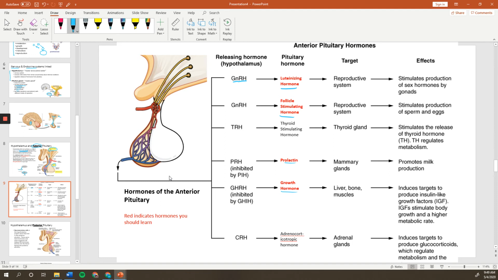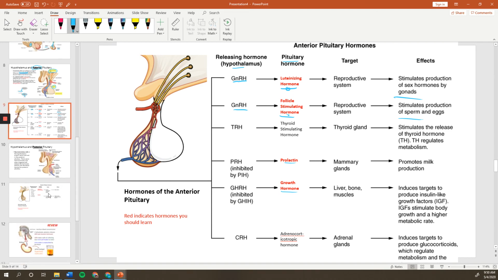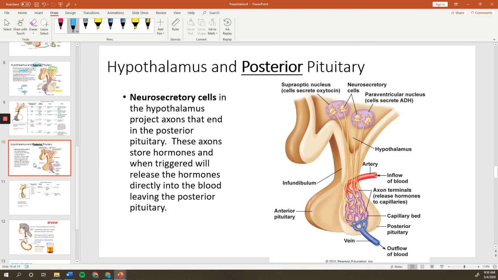It's released by the hypothalamus and goes to the pituitary, and then the pituitary releases these two things, and they have effects on different target cells. So it's a two-step system for the anterior pituitary.